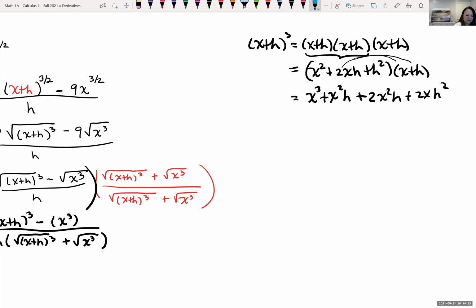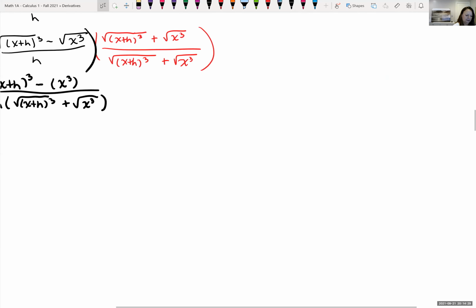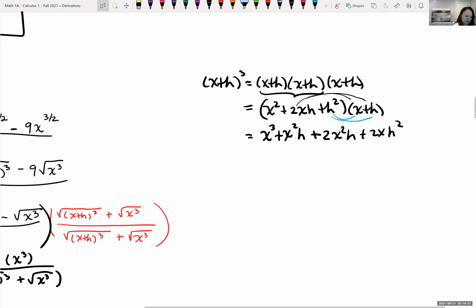Now let's distribute our h squared to each term. h squared times x is plus xh squared, and h squared times h is plus h cubed. There are some like terms in here.